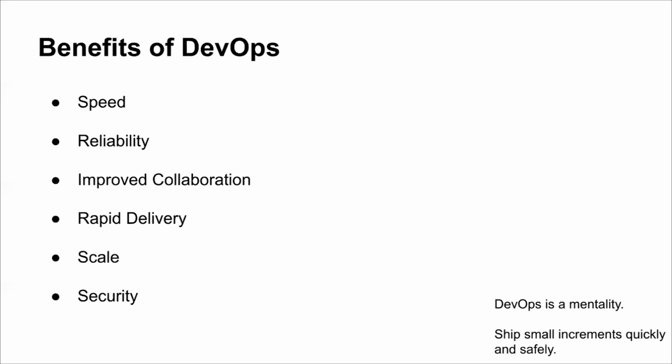They cannot scale their applications. So the benefit of DevOps is that it can really add speed to your development process. If multiple teams are working in your organization, it can add speed to your development process. You can do fast releases, improve collaboration, and delivery of the application is very fast.